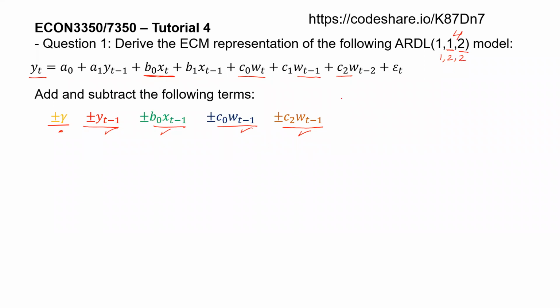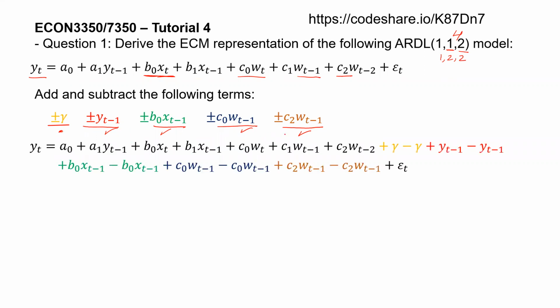I will leave it there for you, so that you have 2 examples and you can work and practice this. So we add and subtract these terms: plus and minus gamma, plus and minus yt-1, plus and minus b0 xt-1, plus and minus c0 wt-1, and plus and minus c2 wt-1.